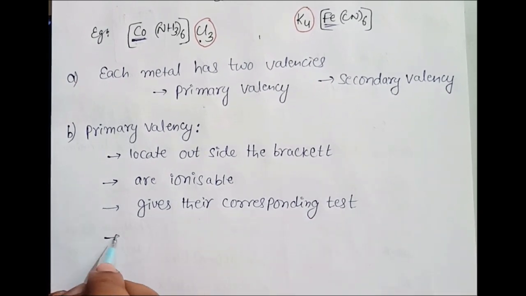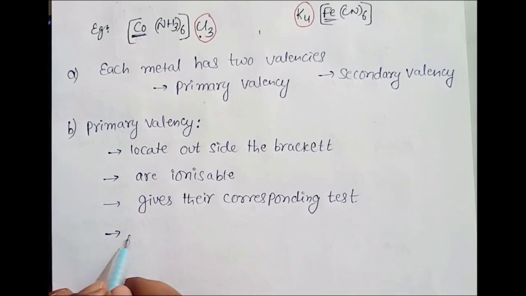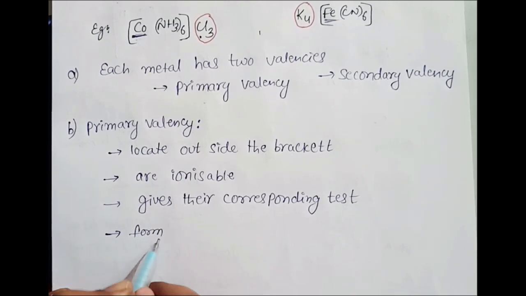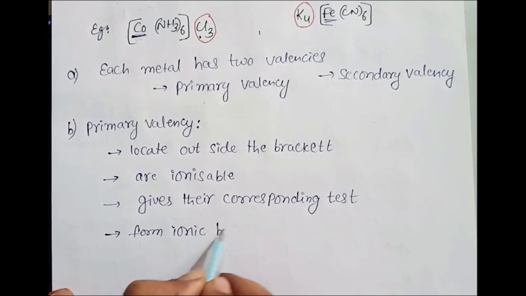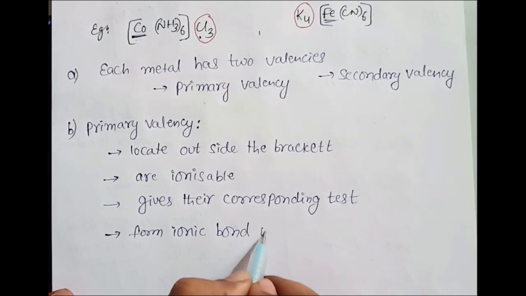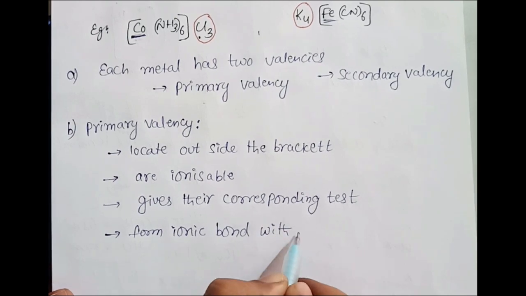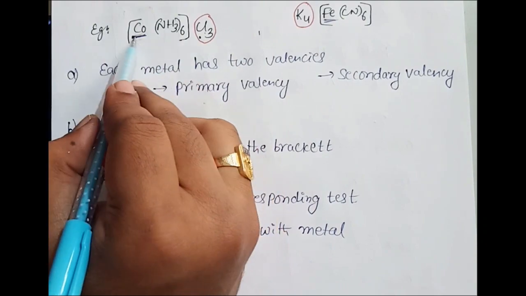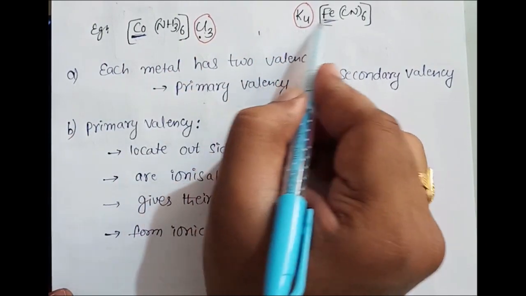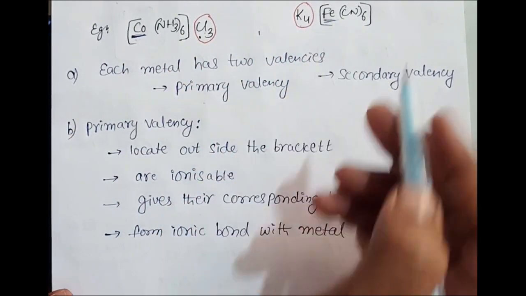Next, they form ionic bond, or electrovalent bond, with the metal. So here chloride ion forms ionic bond with cobalt. Here potassium ion forms ionic bond with iron.